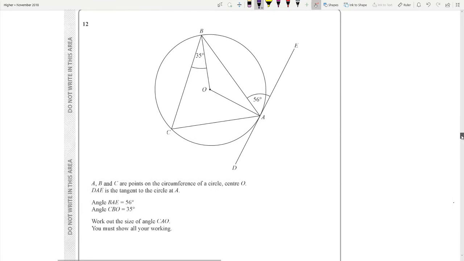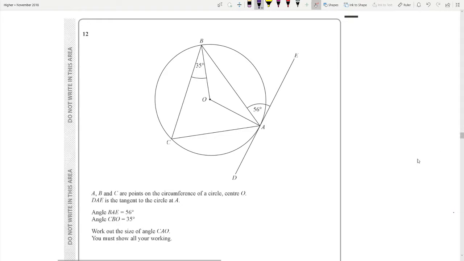This question here, we want to work out one of the angles inside this circle. We're told that A, B and C are points on the circumference of the circle, center O. DAE is the tangent to the circle at point A. We're given two angles here.